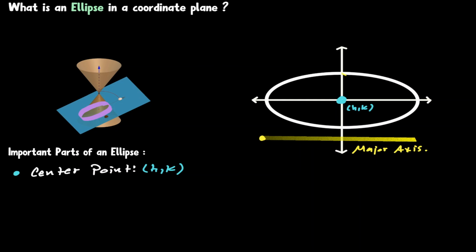And a line that is perpendicular to the major axis, and it also passes through the center, is what we call the minor axis. And the location where the major axis starts and ends, and the minor axis starts and ends are very important.